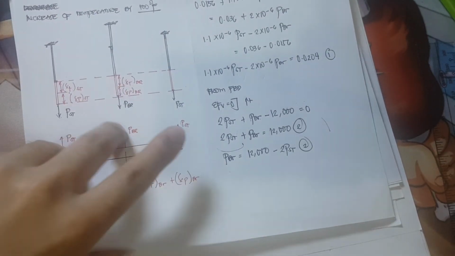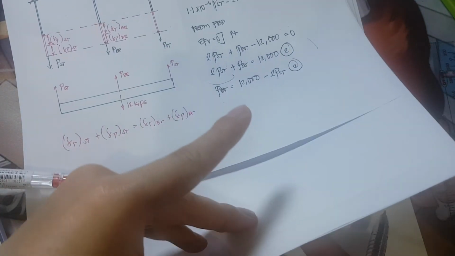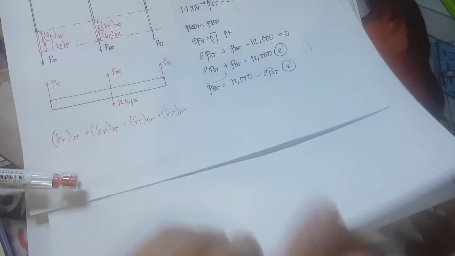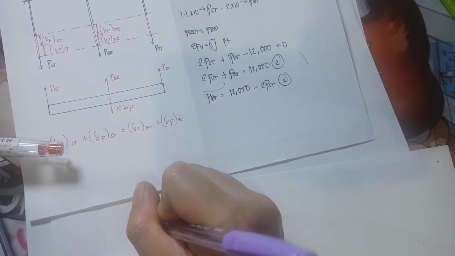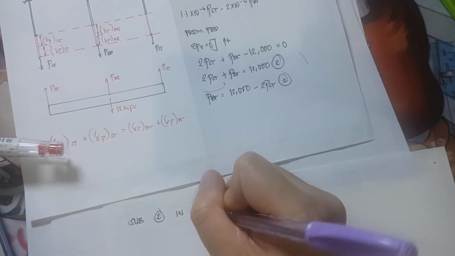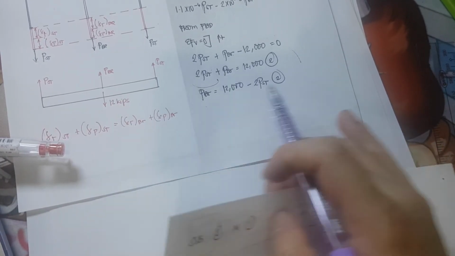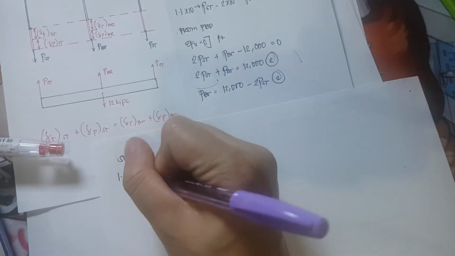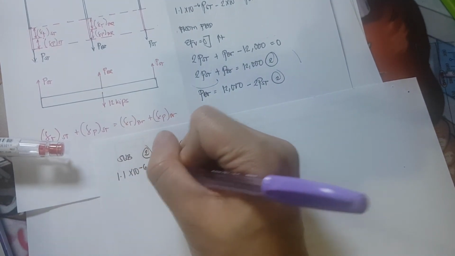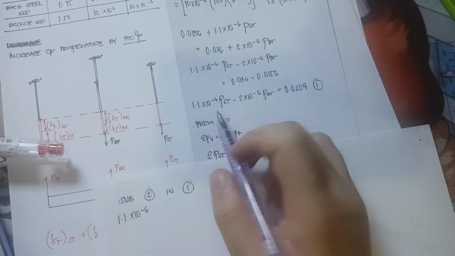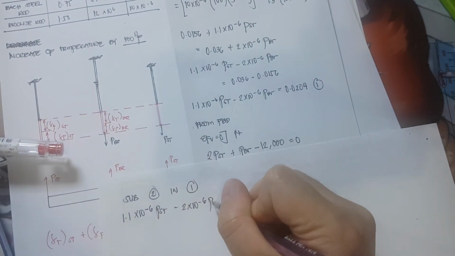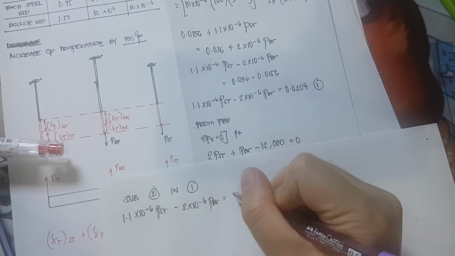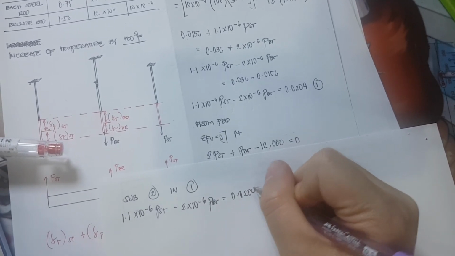So substituting equation 2 in 1, what is my first equation? You have 1.1 times 10 raised to negative 6 P of steel minus 2 times 10 raised to negative 6 P of bronze is equivalent to 0.0204.